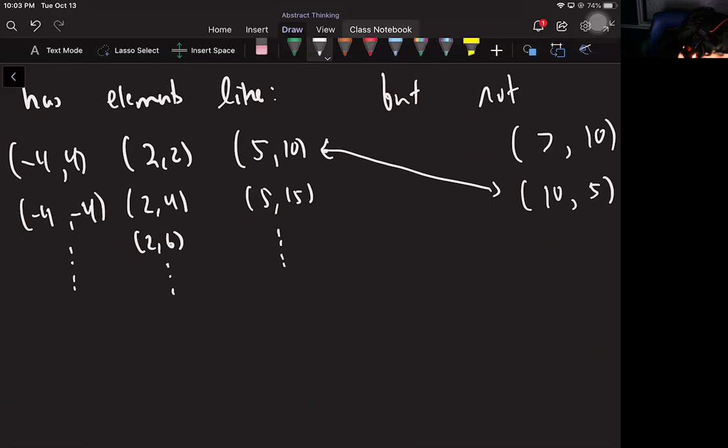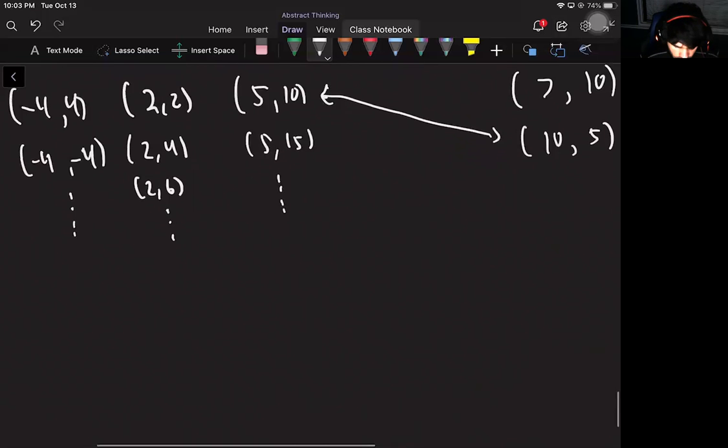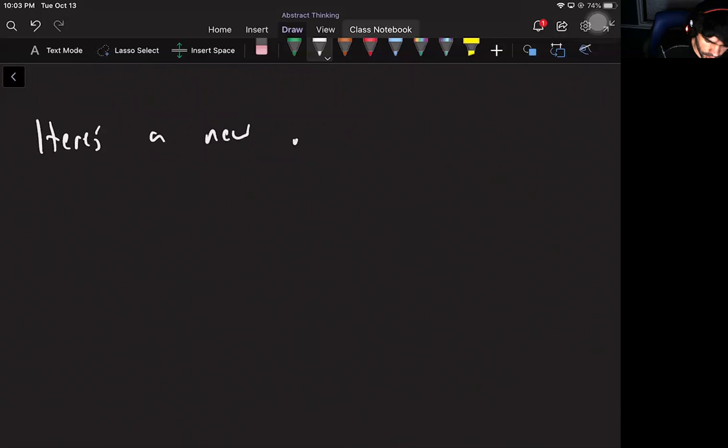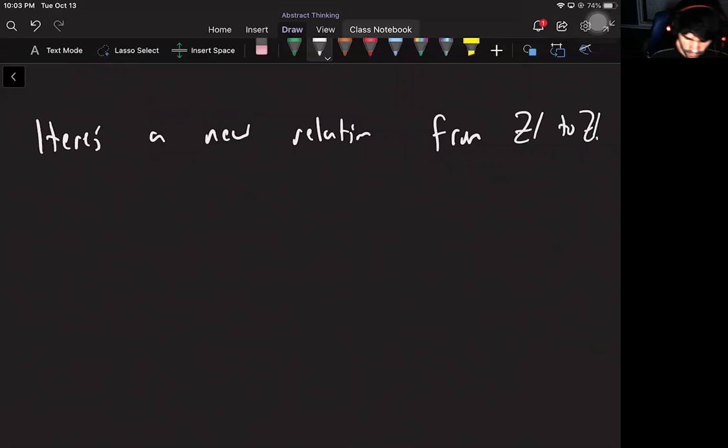Okay. So now we're going to define a completely new relation, a new relation still from Z to Z. It's a relation that's very important to mathematics, and you'll see it a lot if you keep learning more math. So it's called congruency mod n.